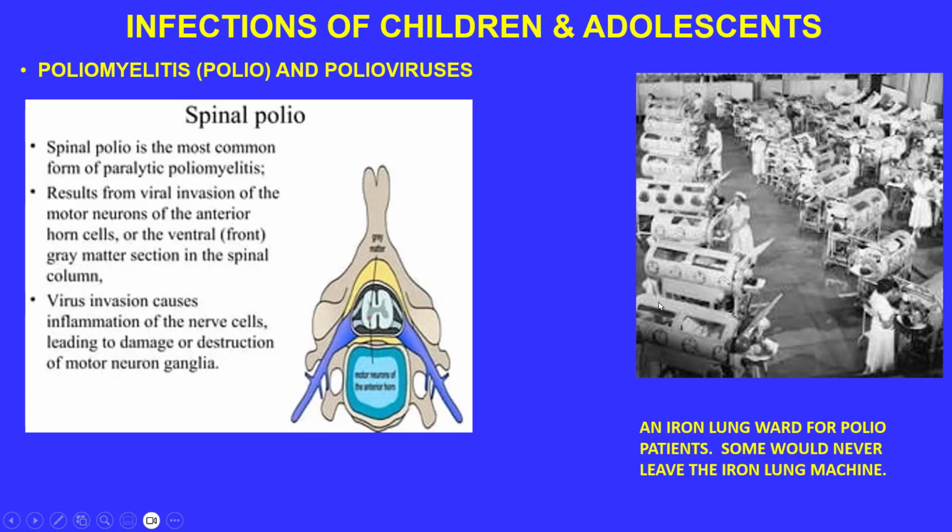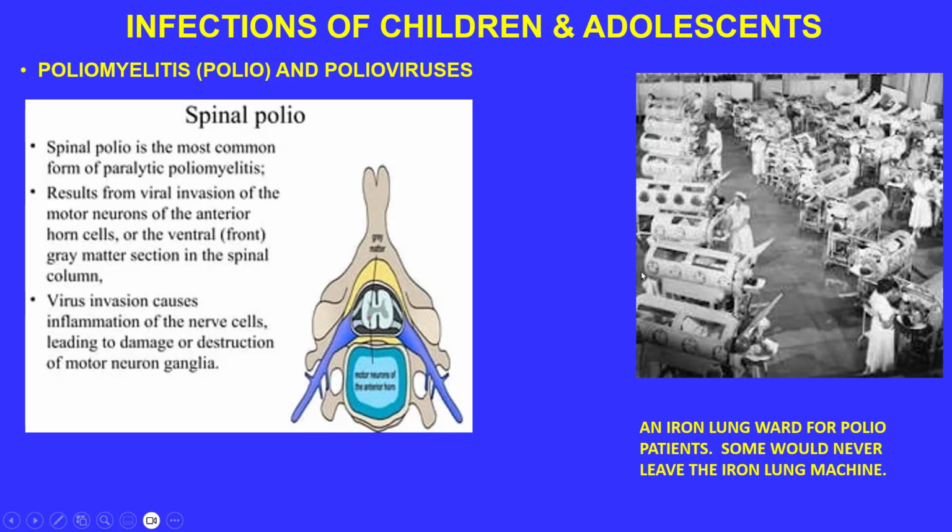So if you can imagine your private room and you look down a whole hallway, these would be wards, meaning that they would be very, very large rooms with many, many of these machines. They would be hooked up to electrical outlets, but if the power ever went out, on the back is like a bellows and an armature, and the nurse or attending individuals would pump back and forth to keep the person breathing.